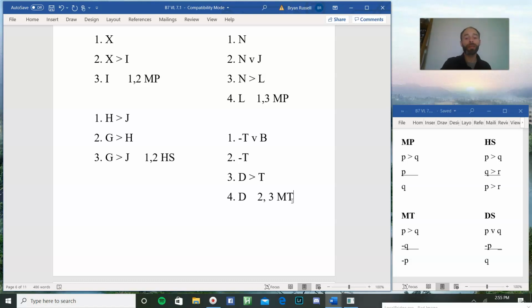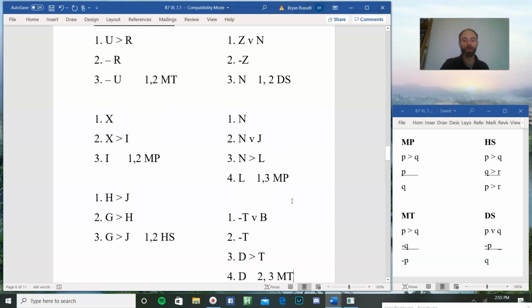So using these problems as a model, go ahead and pause the video and do all the problems, so all 20 problems in 7.1 Roman numeral 1. And when you're done, unpause the video and we'll move on and I'll give you some examples of what you'll have to do in 7.1 Roman numeral 2. All right, so do all 20 problems, pause the video now.